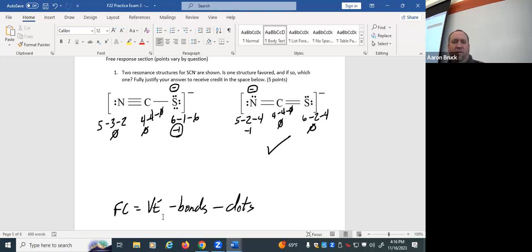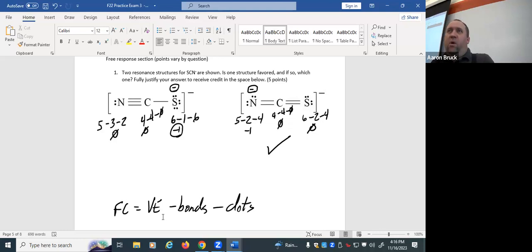So not to get things confused, you don't need to get into that kind of an argument if you see something like this tomorrow. But what you do want to focus on is using formal charge as the center of your argument. And so I know when I gave this test question in the past, I was looking more at the argumentation and less at which one you chose.